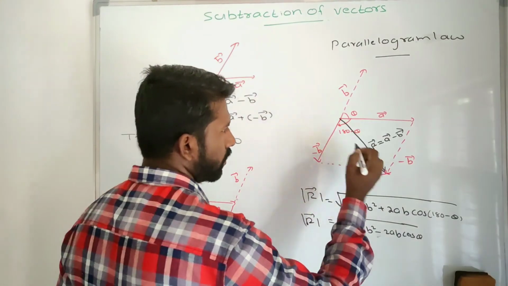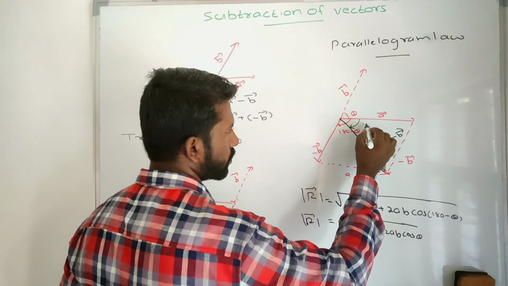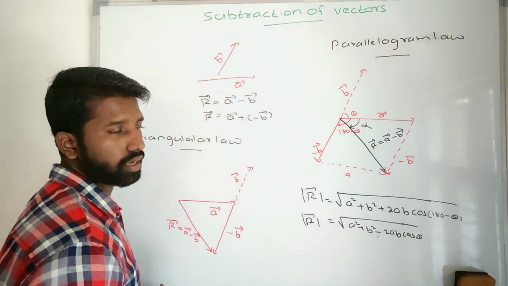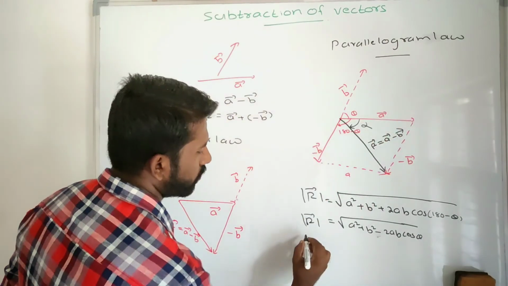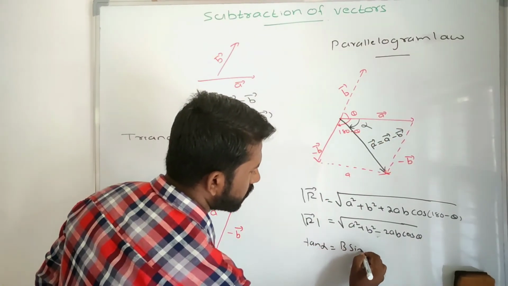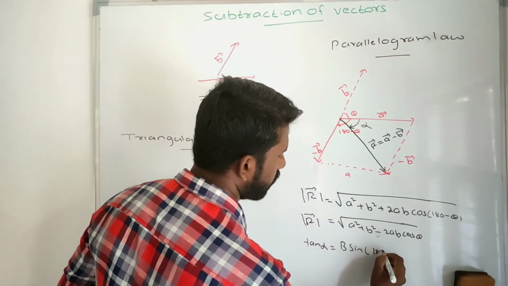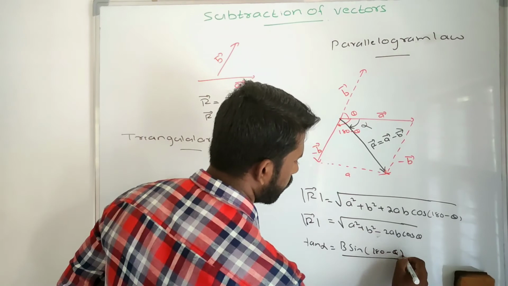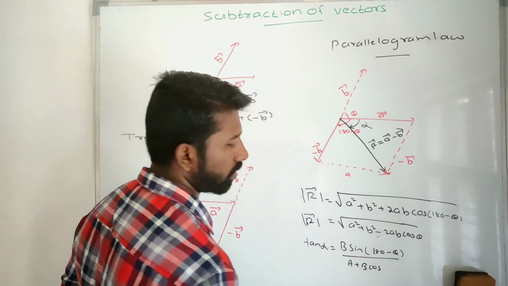Then what about the direction? The resultant makes an angle alpha with the horizontal. Okay, so tan alpha is equal to B sin theta divided by A plus B cos theta if theta is the angle.